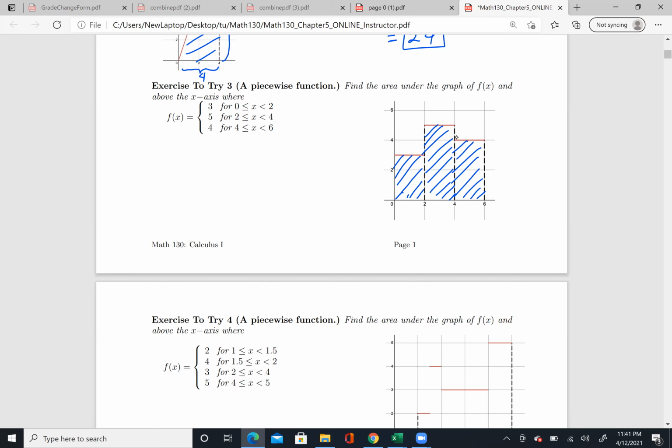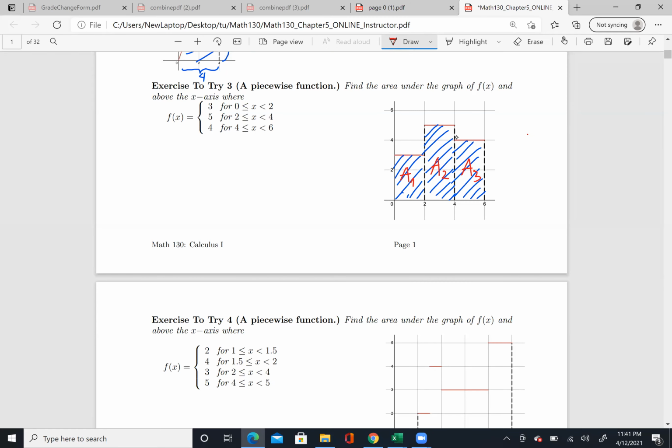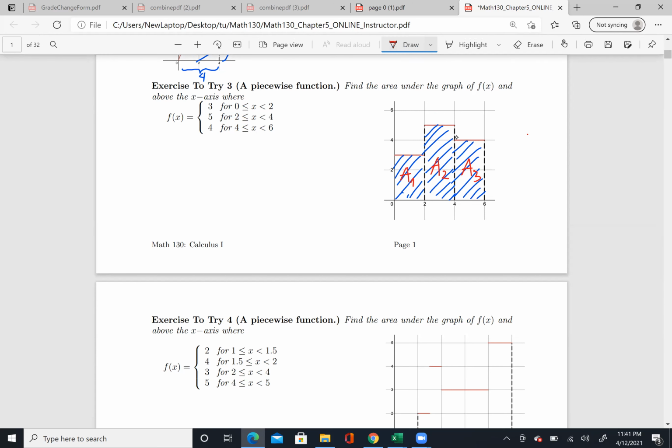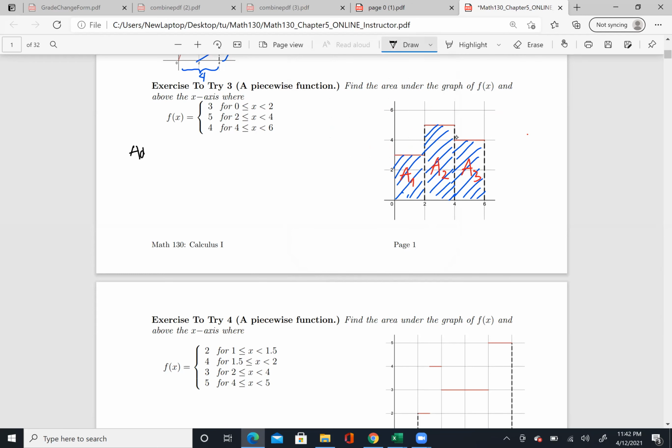All right, so what am I going to do? I'm going to think about finding the 3 areas, A1, A2, and A3, and then adding them together, right? So I want to add A1 plus A2 plus A3.